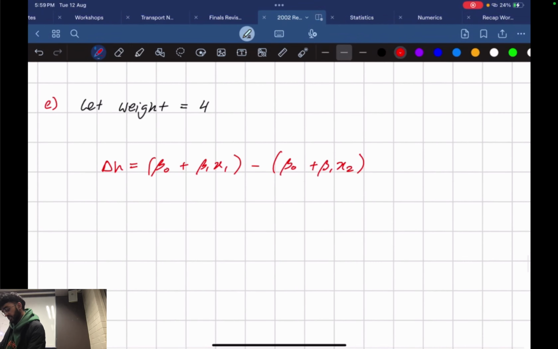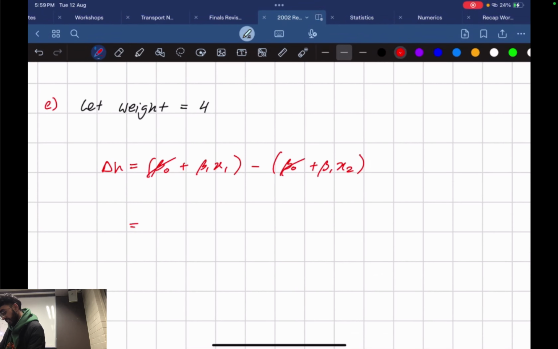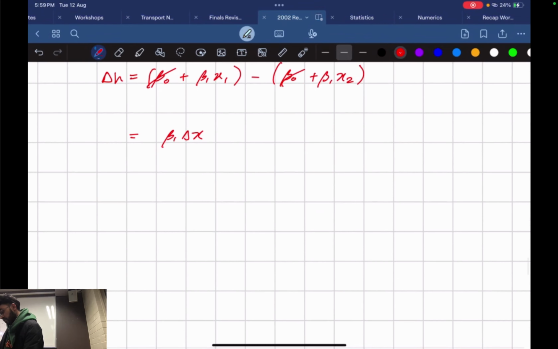So the beta zeros cancel out, so you're left with beta 1 and you're changing x. Changing x is just going to be 4. So it's going to be beta 1 times 4. 0.3337. Yeah, I did it in my head.